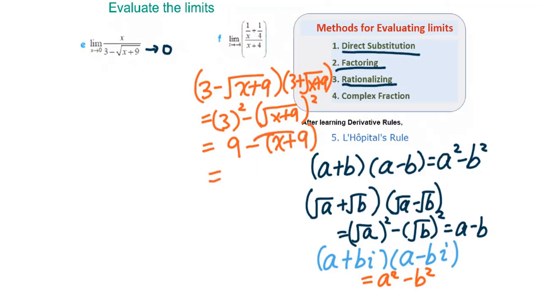So we do the distributive property. You will get 9 minus x minus 9 equals negative x. So top and bottom, we multiply by this 3 plus square root of x plus 9.